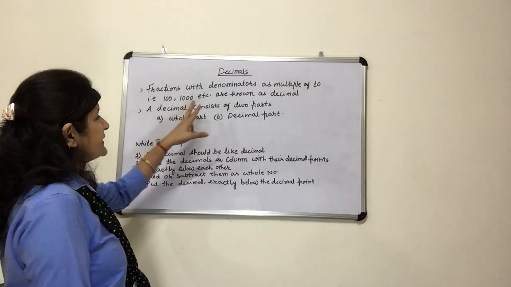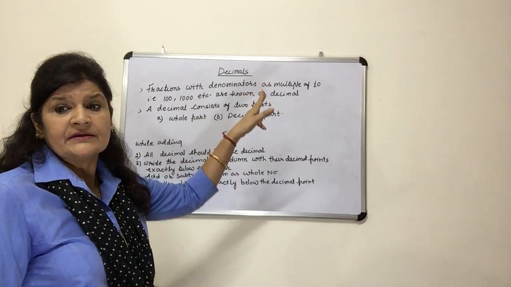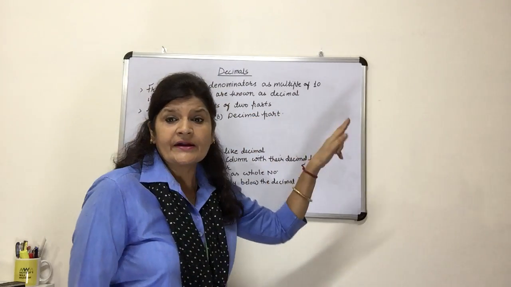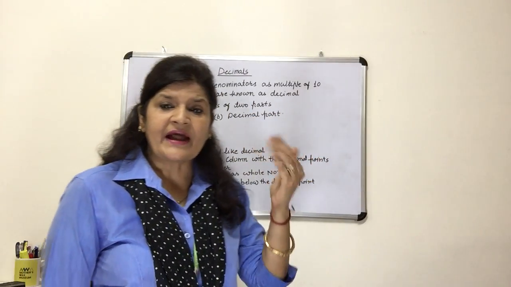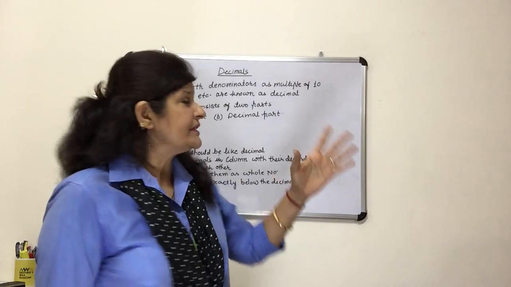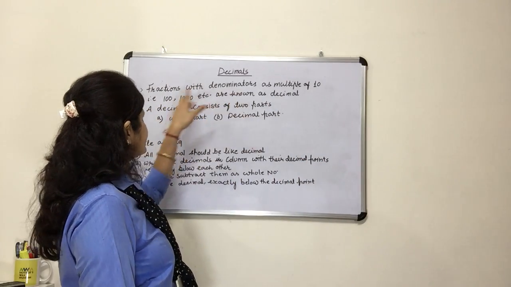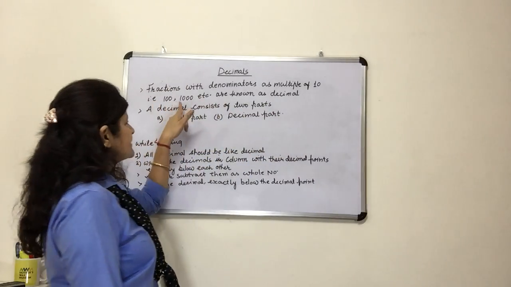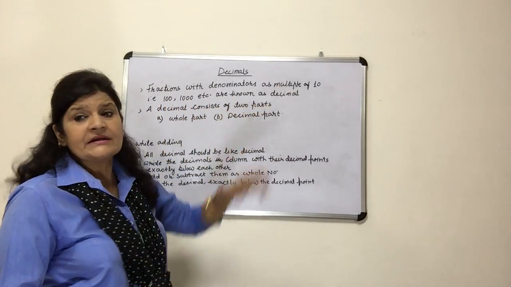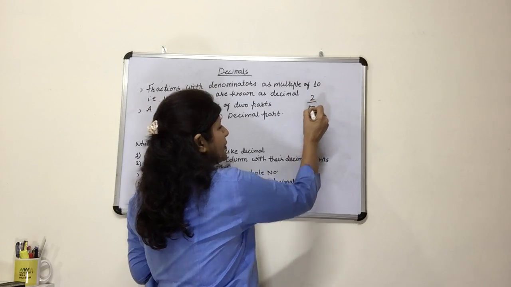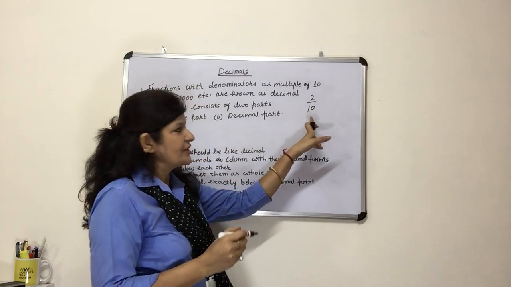Fractions with denominators that are multiples of 10 are known as decimals. Multiples of 10 means 10, 100, 1000 and so on. So 2 upon 10 is a decimal fraction because the denominator is 10.